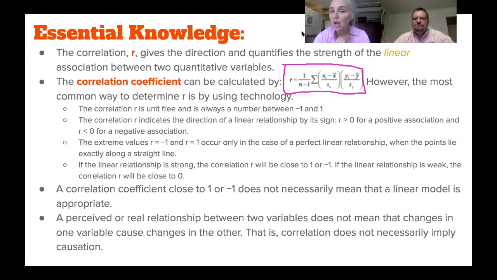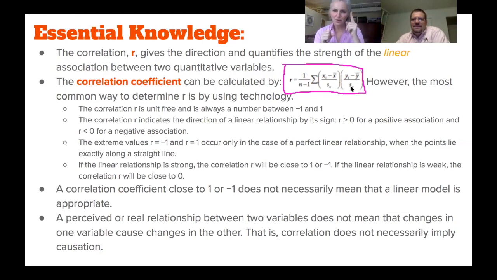We do want to stop and talk about the formula, though, because it does tell us a couple of things, right? We don't need to actually do the formula, so just relax. So x minus x bar over standard deviation of x. What's that, Mr. Bobby? That's like a z-score. That is a z-score. Y minus y bar over standard deviation of y. What's that? Another z-score. So we're z-scoring like crazy.